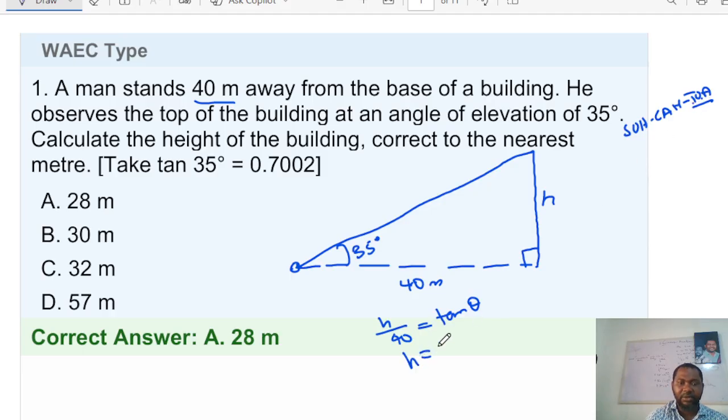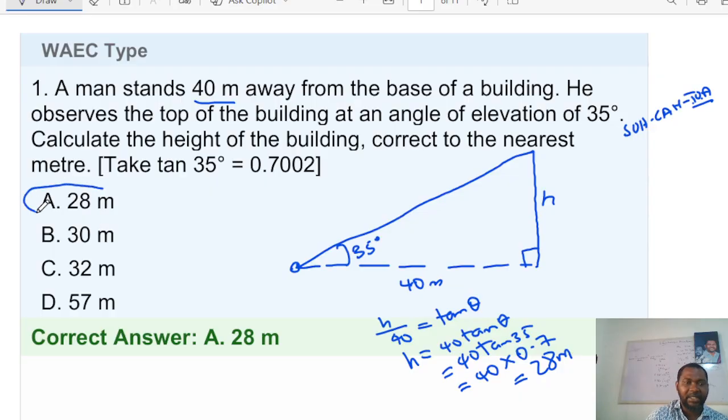And so H is going to be equal to 40 tan theta. Okay, theta is 35 degrees, so that's 40 tan 35. And already we are given that tan 35 is 0.7 approximately, so I will just say 40 times 0.7. That's going to give us 28 meters. So 28 meters is the answer to that question.